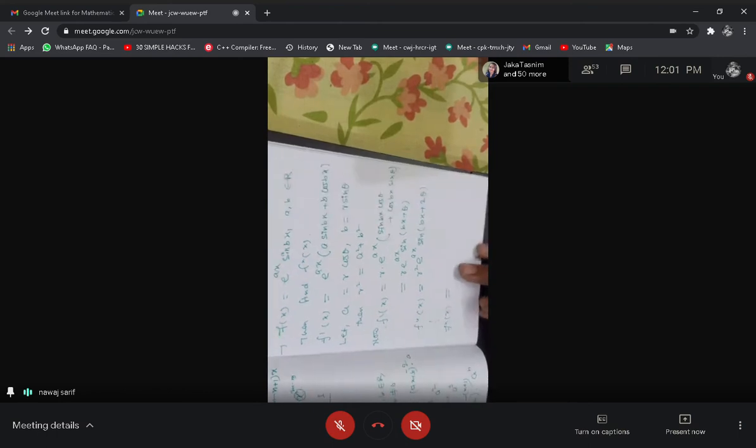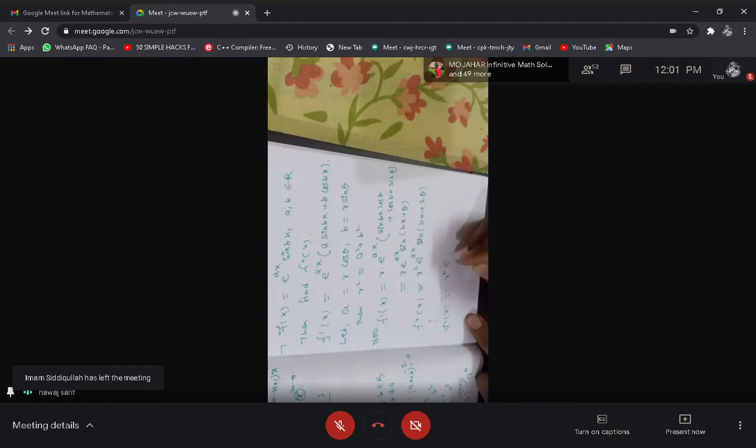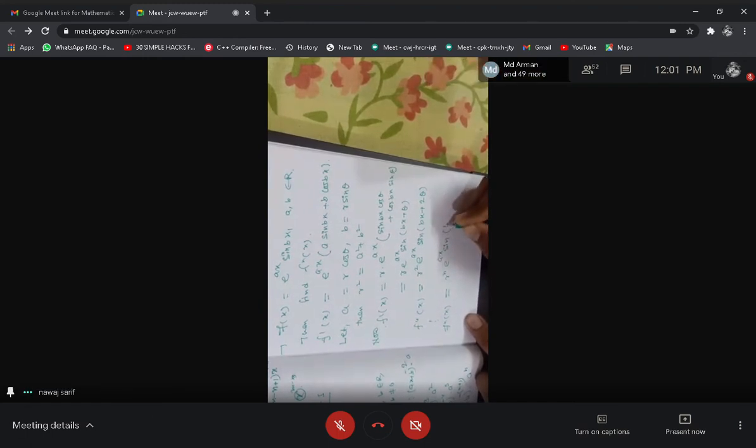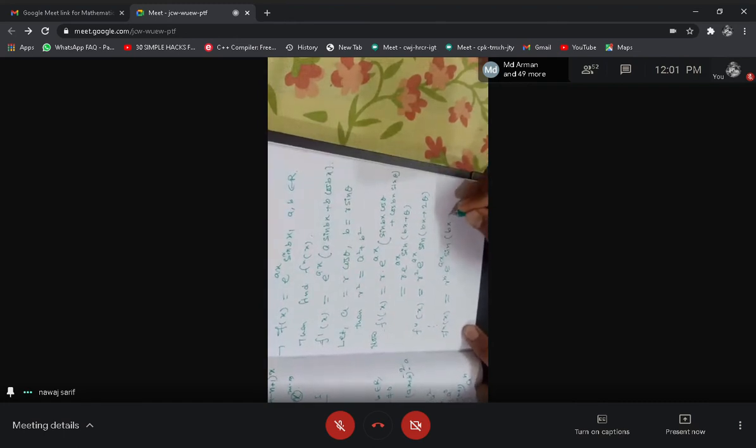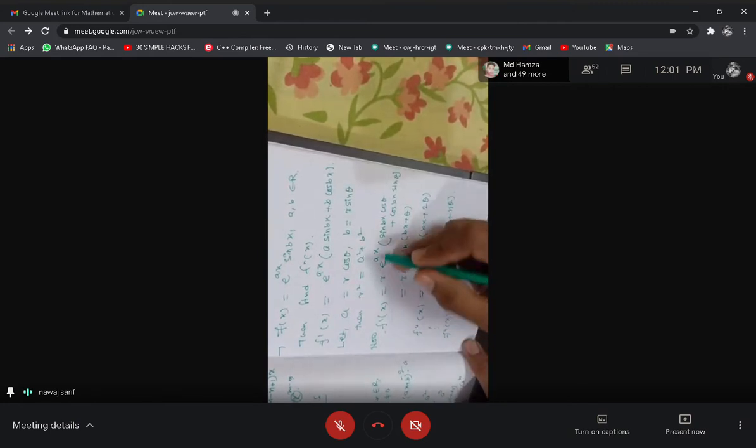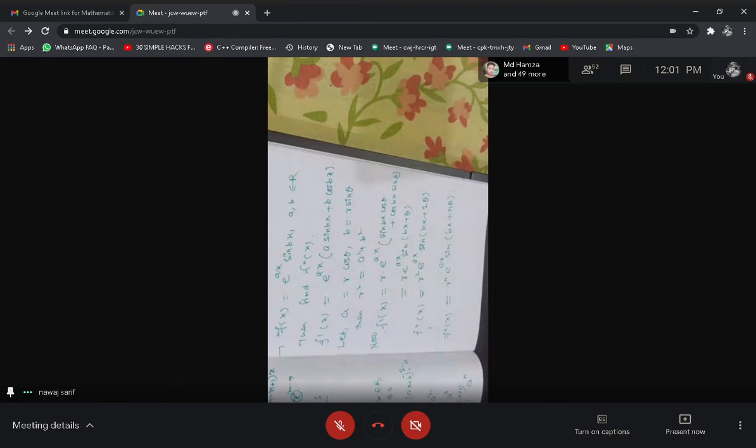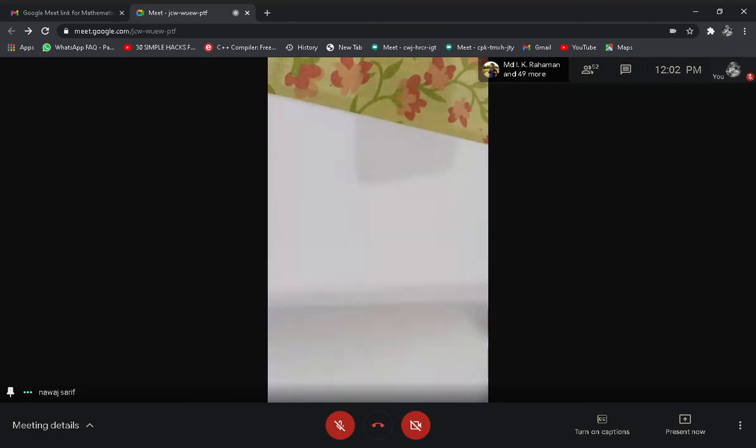It is r to the power n e to the power ax sin(bx plus n theta). So this is the nth order derivative of e to the power ax sin bx, where r square is a square plus b square.